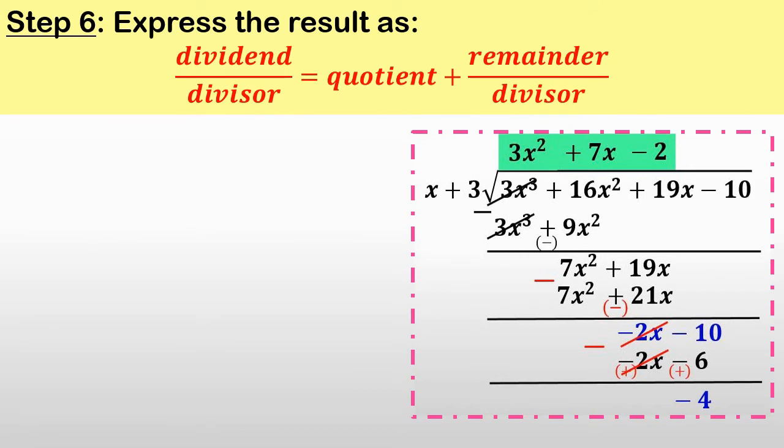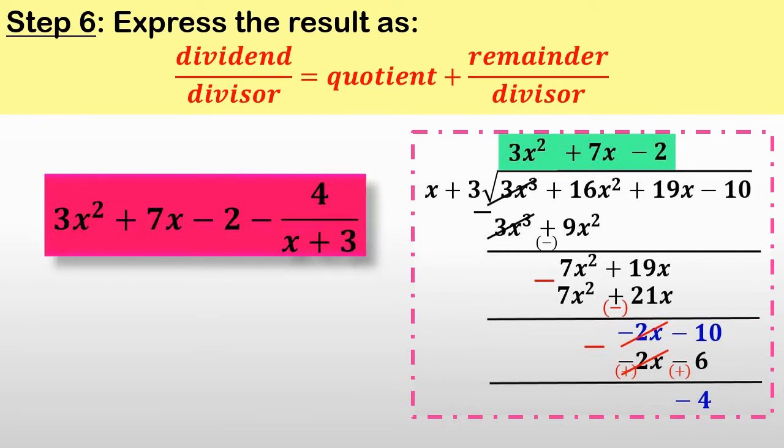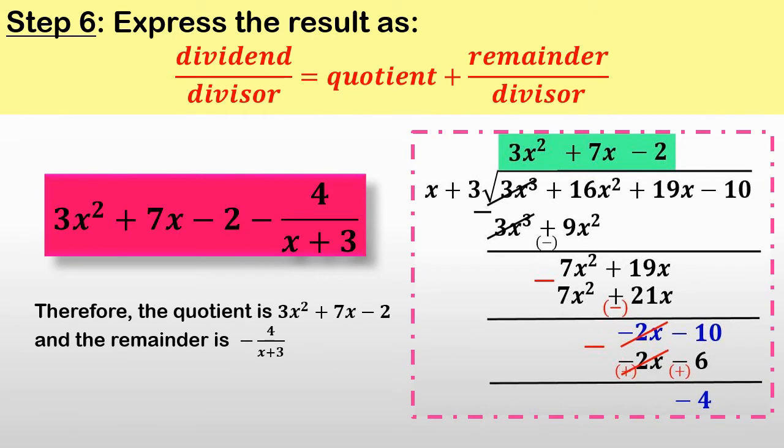And ang natirang number or ang naging last value natin is negative 4. So, it means negative 4 ang magsisilbing remainder ng ating solution. So, therefore, the quotient here is 3x squared plus 7x minus 2, and the remainder of the given problem here is negative 4 over x plus 3.